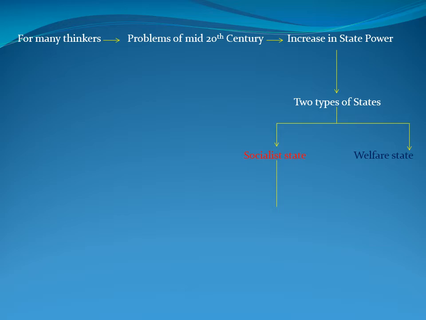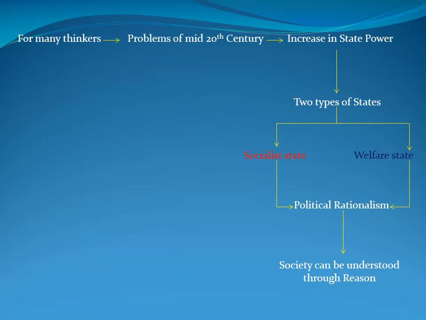Scholars like Hayek stated that this control is a systematic design and can be termed political rationalism. Political rationalism can be defined as a systematic understanding of society through reason. Hence, society can be changed or altered through some theoretical construction.